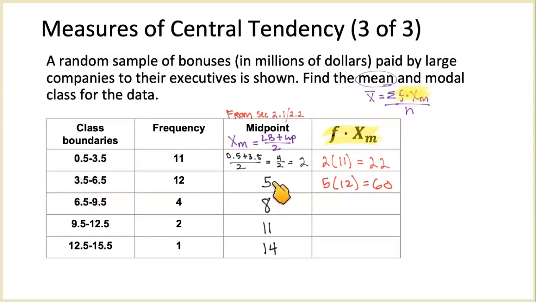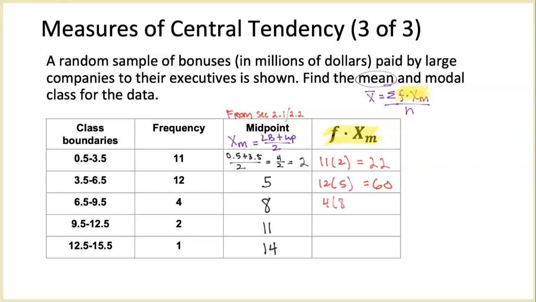And a midpoint of 5 just tells us that the typical bonus was around $5 million. So those 12 people, if we say received each $5 million, then that's 60 million total for that interval. And I'm just rewriting it so that the values line up. So 11 is the frequency, x of m is the midpoint, so 11 times 2 is 22.